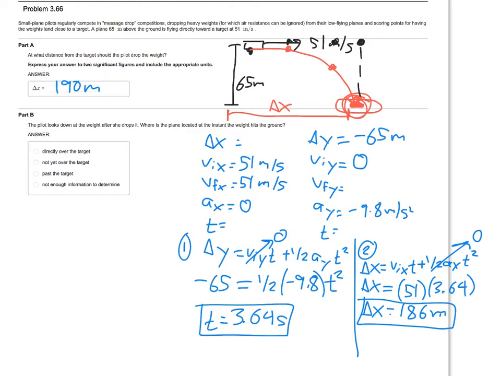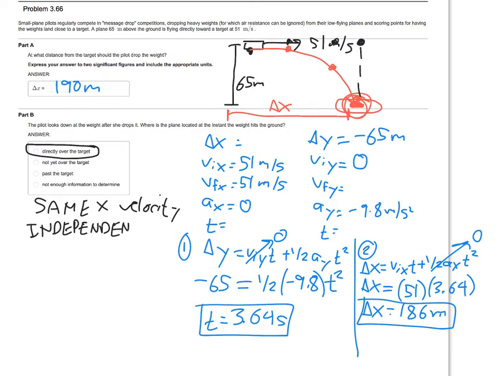So the answer here would be that first one, directly over the target, because both objects are traveling at the same x velocity. And this again gets at that idea of the independence of motion. The fact that the package is falling down has nothing to do with its horizontal motion. It's still traveling at a constant speed in the x, and so it will travel the exact same horizontal distance as the plane.